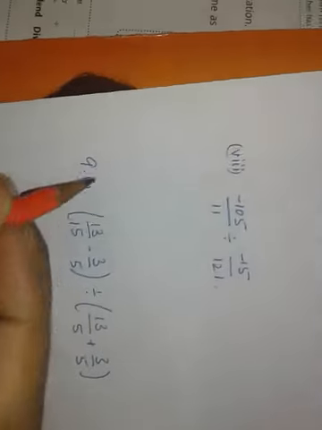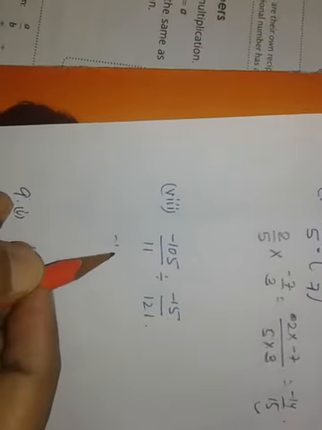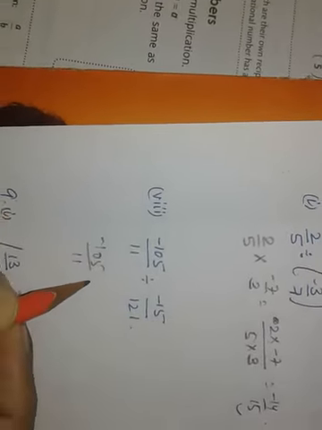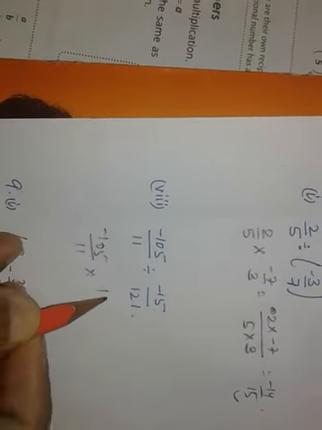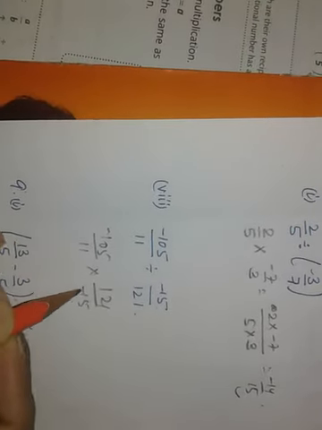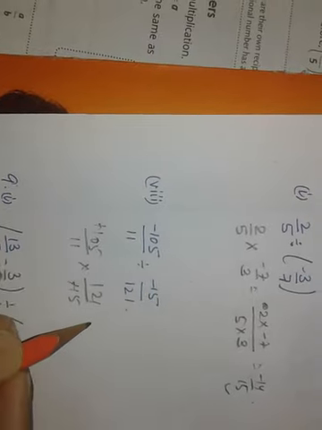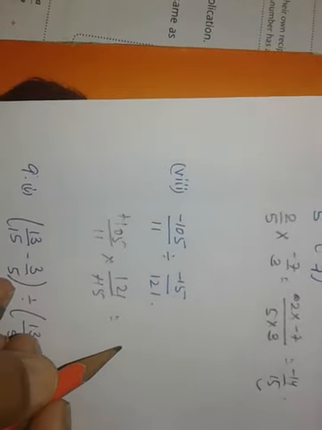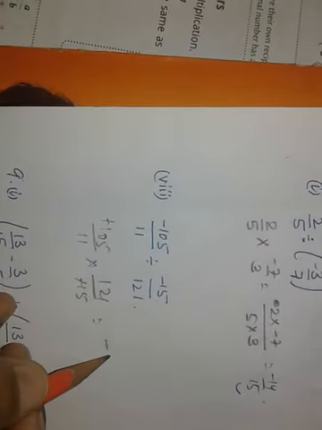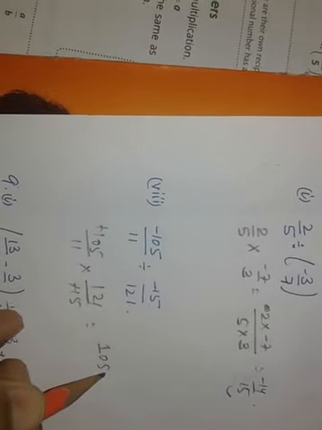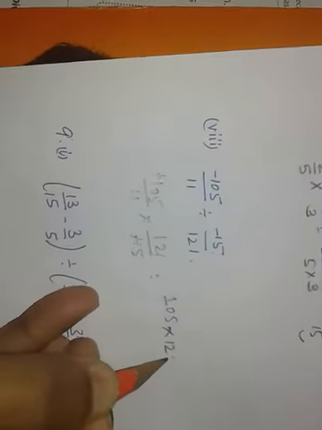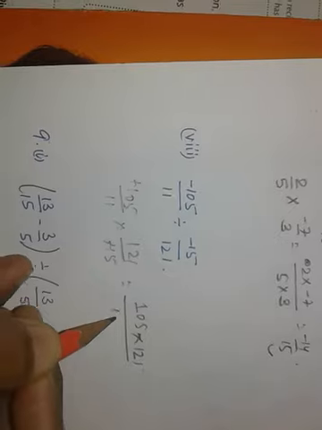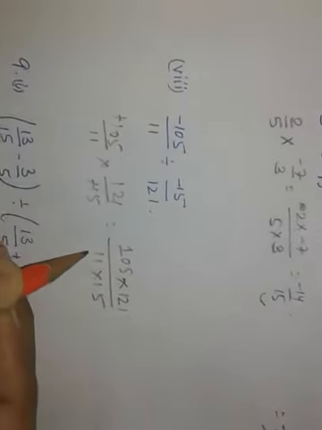Here again we get a question: minus 105 by 11 multiplied by 121 by minus 15. First of all we cancel minus minus. 105 and 210 by 11 and 50.